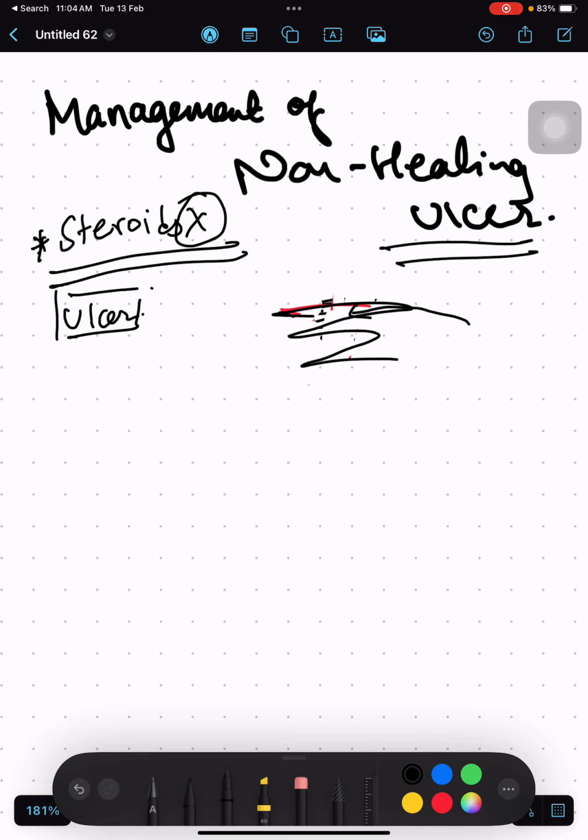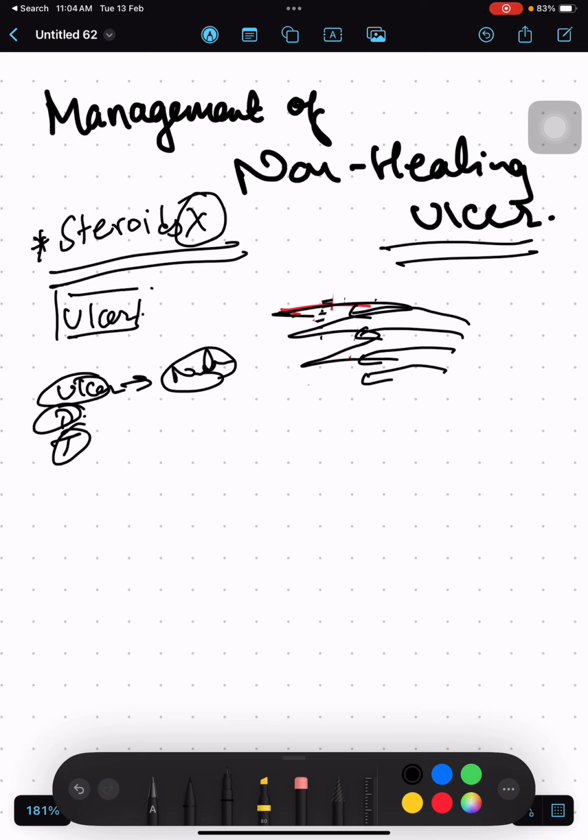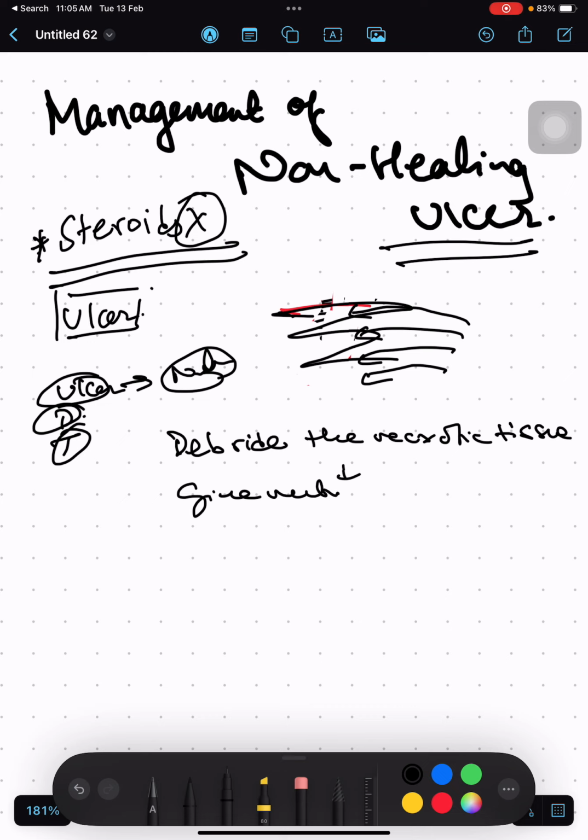We're going to give it nutrition. Nutrition is required. Anywhere when there's an ulcer, a disease, a trauma, anything, the most important thing is nutrition, right? Here also we debride the necrotic tissue and give nutrition to the affected part.